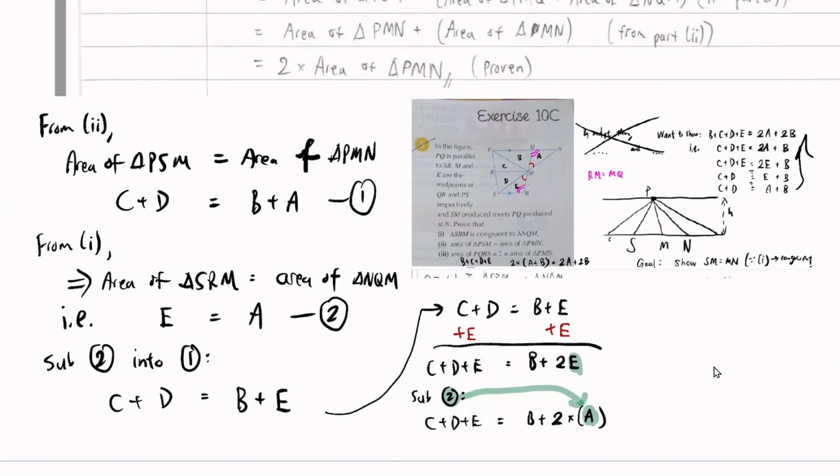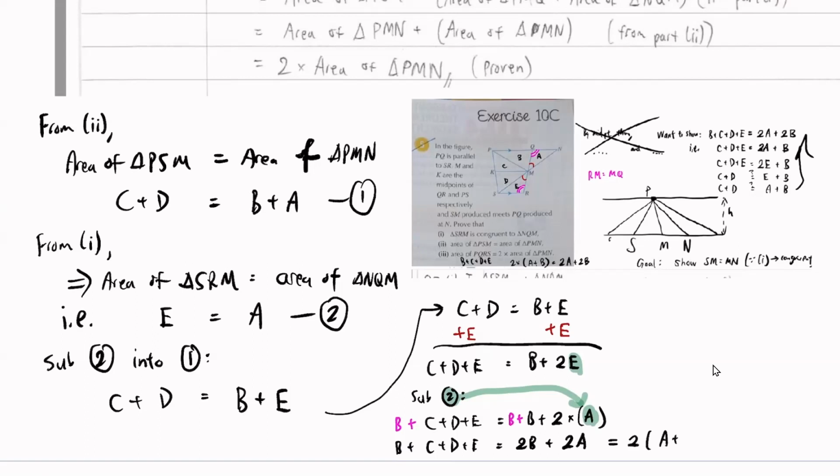Then after that, I can add a copy of B on both sides. How about if I just plus B here and I plus B here? This simplifies into B plus C plus D plus E equals to 2 copies of B plus 2 copies of A. Then I can factor out the 2.